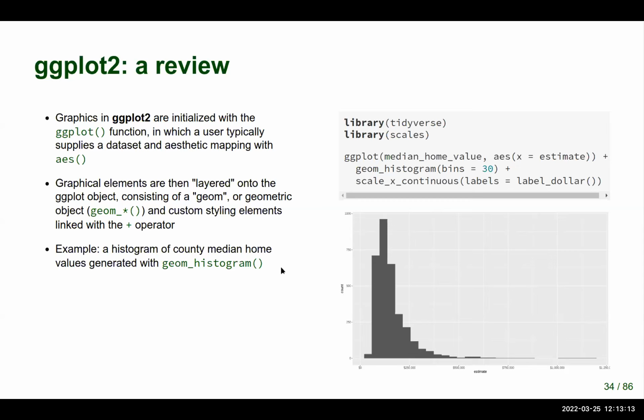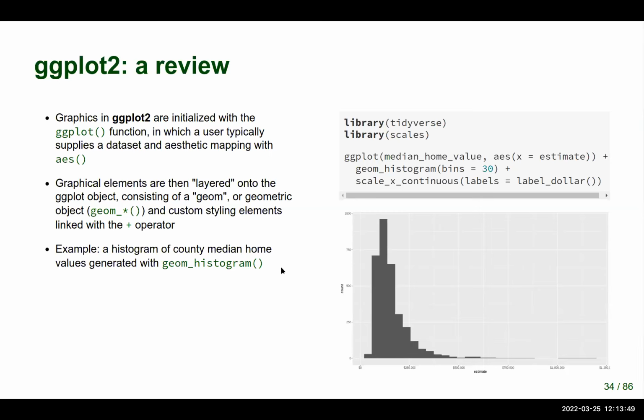You then supply a data set and then an aesthetic mapping using the aes function. The aesthetic mapping maps characteristics of your data to different chart elements. So you can map a column to the x-axis or a column to the y-axis, or you can map a column to the color of chart elements. It's almost infinitely customizable, and there's a reason why it's one of the most popular R packages there is.